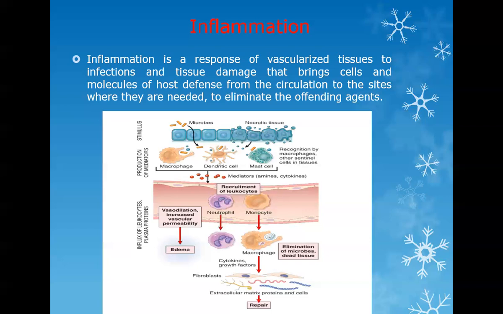So they take the microbe, or they take this injurious agent, and then they present it. But while they take it, they have a propensity to secrete some chemical mediators, like they are secreting now. Chemical mediators, amines and cytokines, to start the process of inflammation.